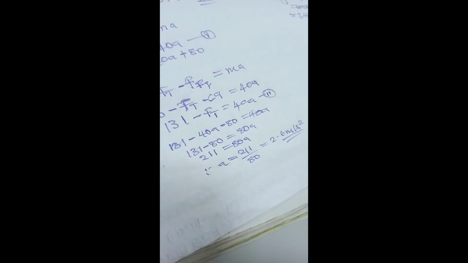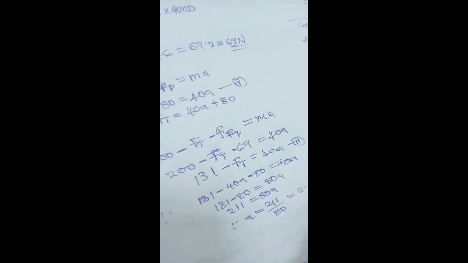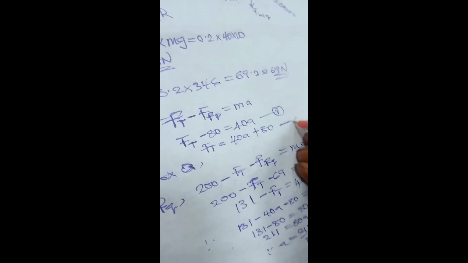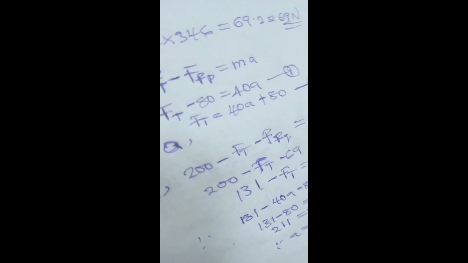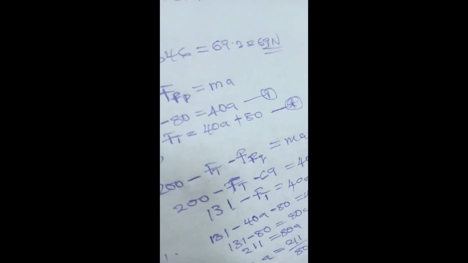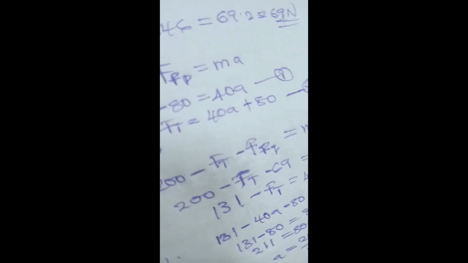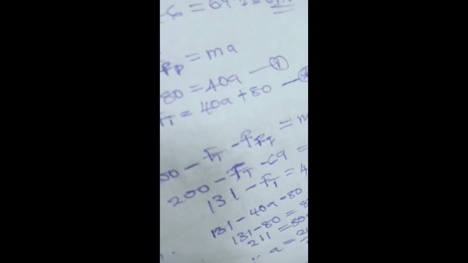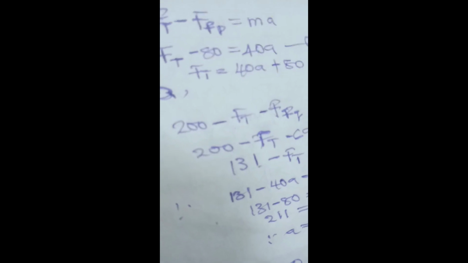That's the acceleration. Now with this acceleration calculated, we can calculate the tension in the tie cord. All we need to do is substitute the value of A in this equation. We have F of T equal to 40A plus 80. Where we have A, we replace it with 2.6.